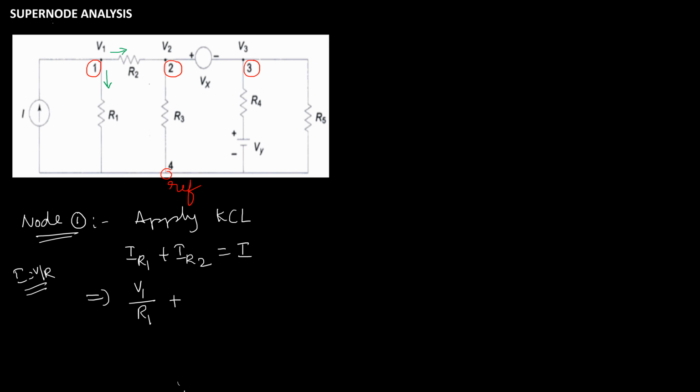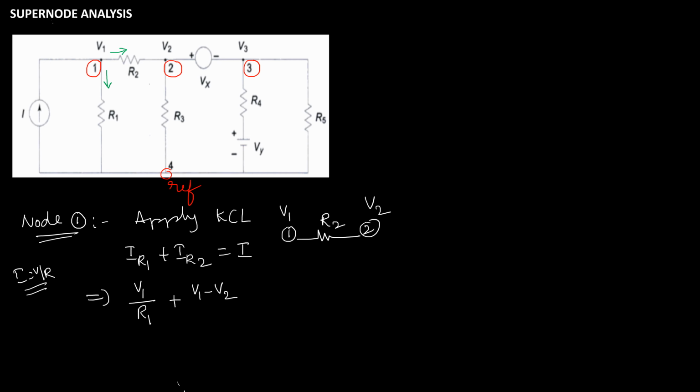Similarly, R2. R2 is connected between node 1 and node 2, right? So we already assume that the voltage at node 1 is V1 and the voltage at node 2 is V2. So now what is the voltage drop across R2? You are writing for node 1, so the V1 value should be your reference node voltage. Okay, so you have to take the subtraction.